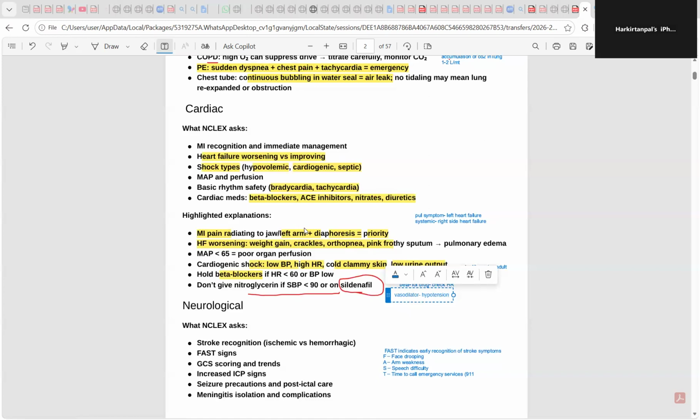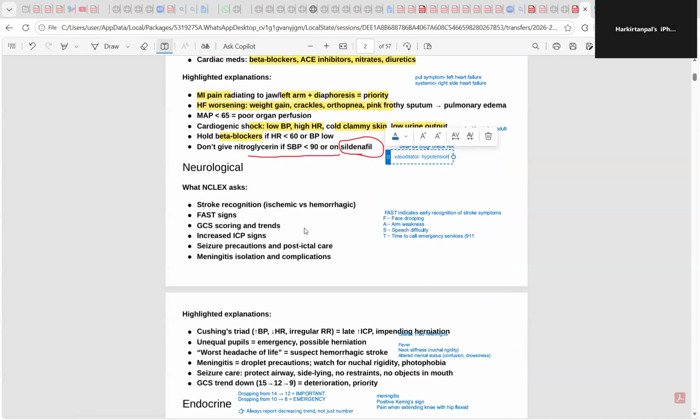How can we check it? We can check the capillary refill, the saturation level, and the warmth of the skin. If it is cool and clammy skin, it indicates inadequate perfusion. But if it is warm, it indicates adequate perfusion. These are the things we have to keep in mind.